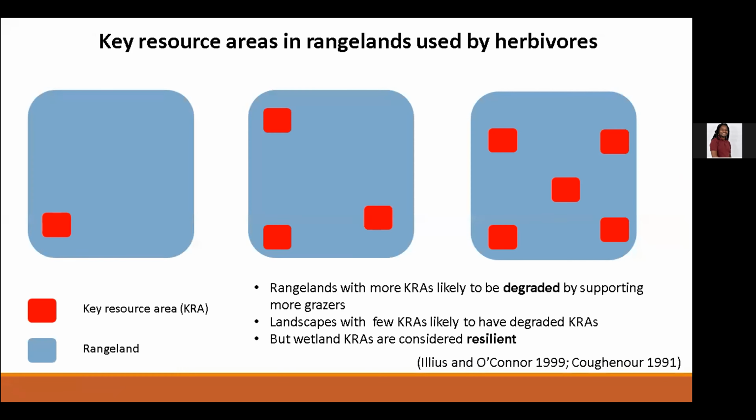But landscapes can be degraded. Landscapes with fewer key resource areas can be degraded because the key resource areas may be stressed. But landscapes with more key resource areas are likely to lead to wider degradation in the wider landscapes. So there's this trade-off. But at the same time, there's this theory that key resource areas are resilient.